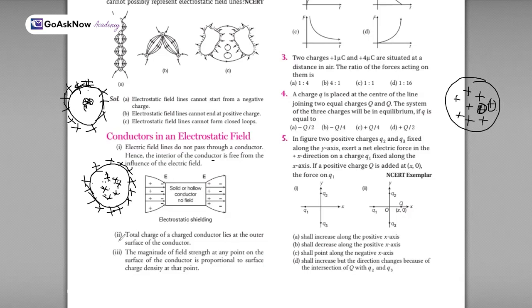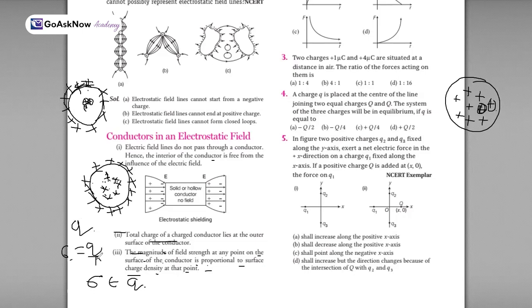Okay, so let's move further. Total charge of a conductor lies at the outer surface of the conductor, that I've told you. The magnitude of field strength at any point on the surface of the conductor is proportional to the surface charge density at that point. It's an obvious thing, because if you have charge density sigma, it will be directly proportional to q only, because the more q there is, the more sigma there is.